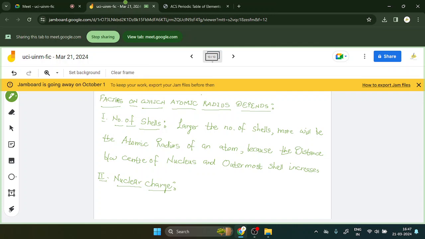So an increase in nuclear charge decreases the size of the atom.